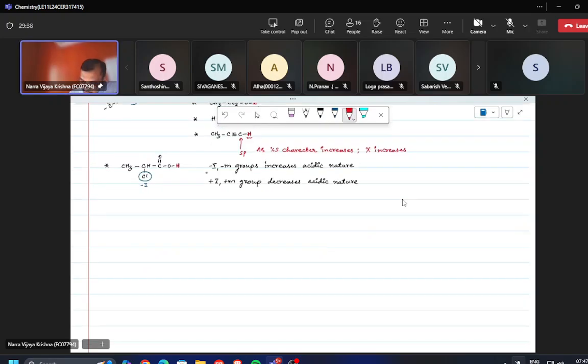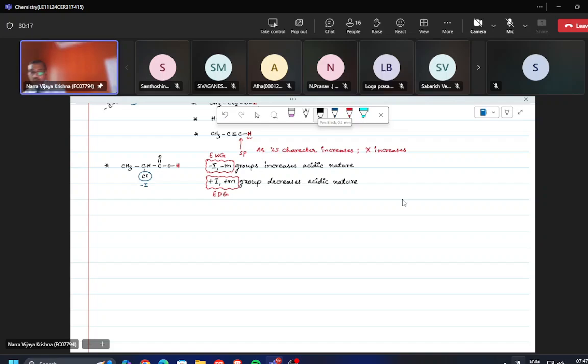I call these minus I, minus M groups electron withdrawing groups, EWG. Then what do I call these groups? Electron donating groups. Correct or not? Now, how to identify whether the group is an electron donating group or not? If the connected atom is less electronegative, or if the connected atom has a lone pair of electrons over it, then they are considered electron donating groups.